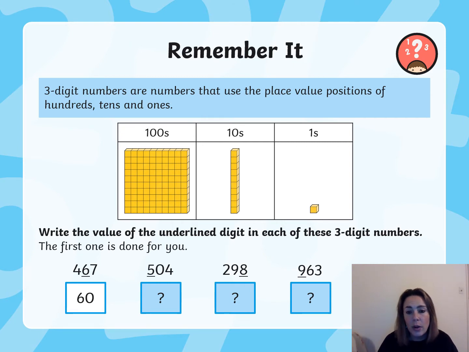And the final number is 963, and the 9 is underlined. The value of 9 is 900 if you had that in the place value grid, or we're using Dienes to represent it, the 9 has the value 900.